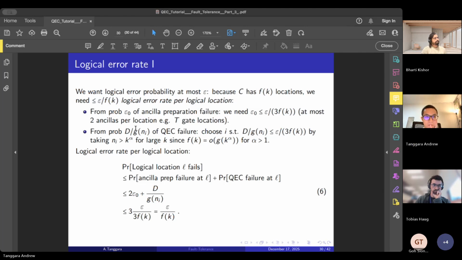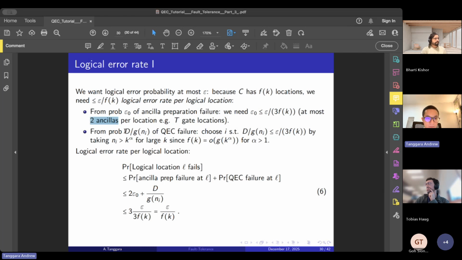If this epsilon zero is an ancilla preparation failure, then we need this epsilon zero to be smaller than epsilon over 3fk. And the reason we have 3 here is because I might need to prepare two ancillas, the teleportation ancillas, if I want to implement a T gate, for example.